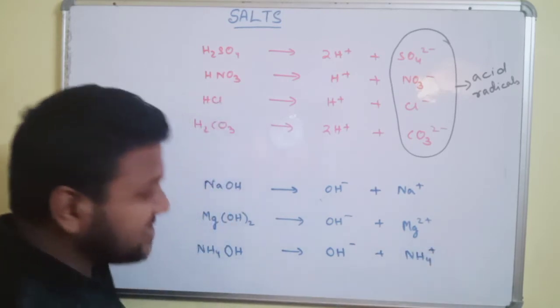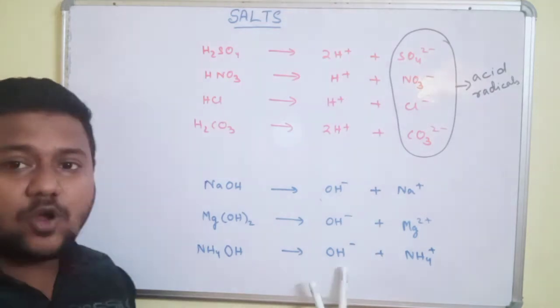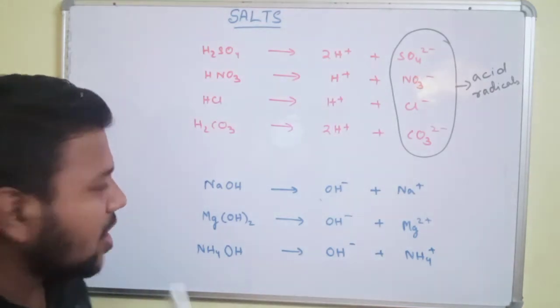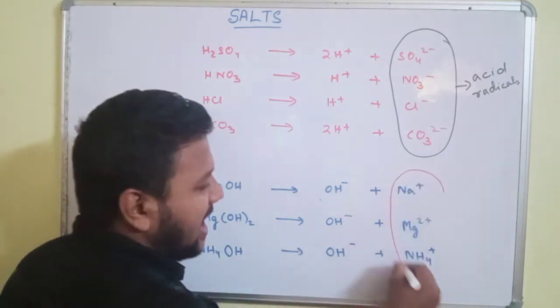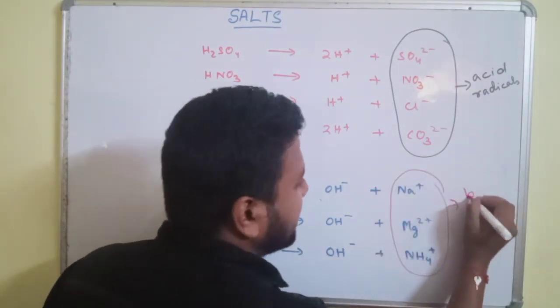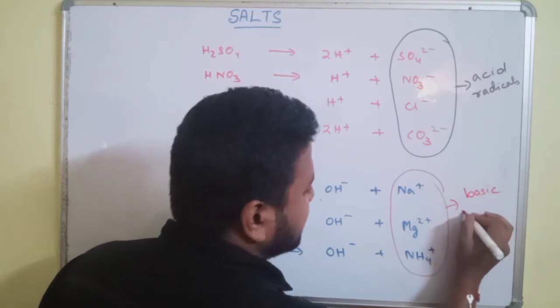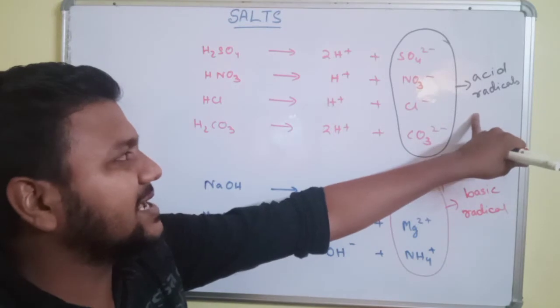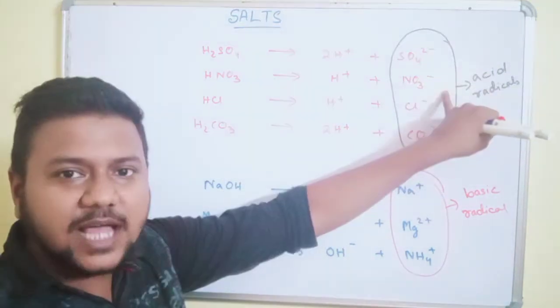You can see that other than the hydroxide ion, which is the property of a base, the radicals obtained from the base are actually basic radicals. They are basic radicals.